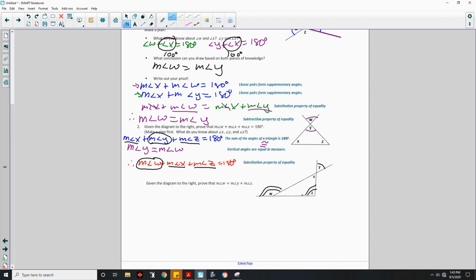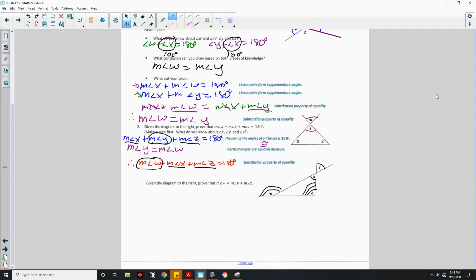And I'm using a different number of arcs for each angle because I don't want to say they're congruent. I could put this here because we know X is congruent to Y, so we use one on each because they're vertical angles. Okay, so what are we trying to do? We're trying to prove that this angle here is equal to this plus this.